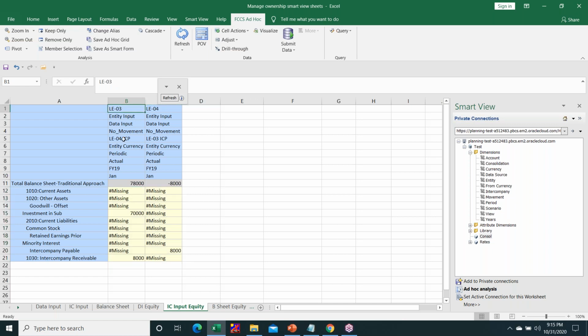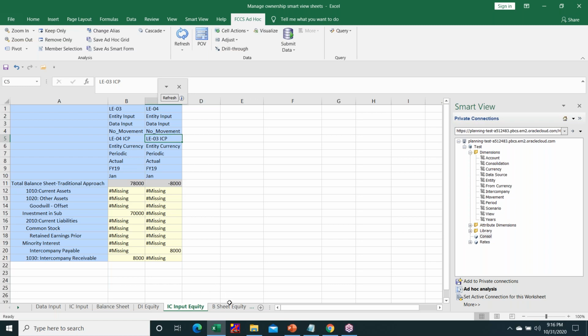This time my legal entity 04 is my ICP partner, and for legal entity 04, legal entity 03 is my ICP partner. Now we will look at how the consolidated numbers will come.